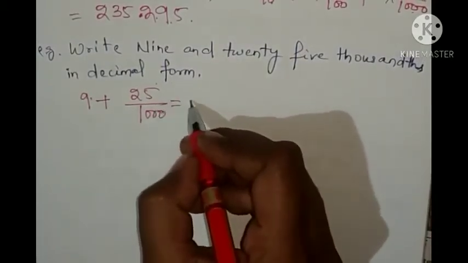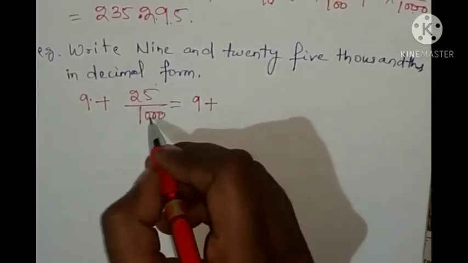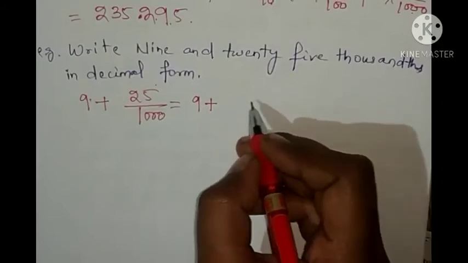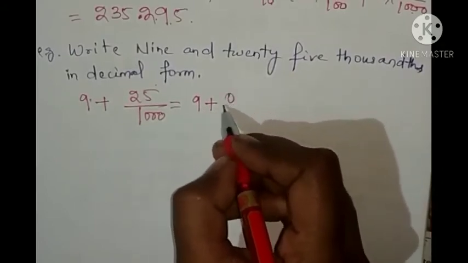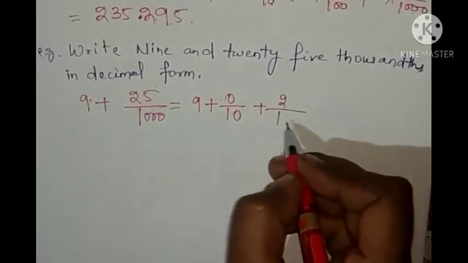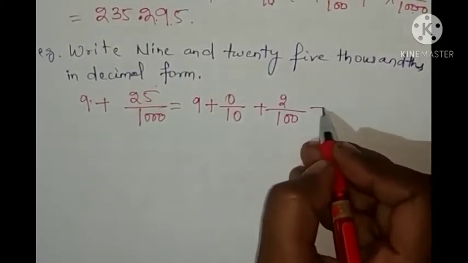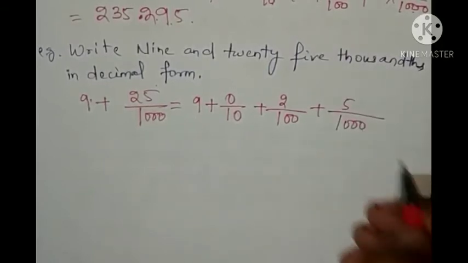So you know 9 is 1's place, 9 plus, here if we put, then 0 by 10 plus 2 by 100 plus 5 by 1000.